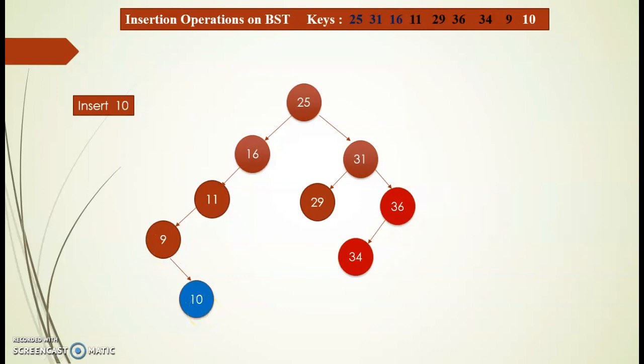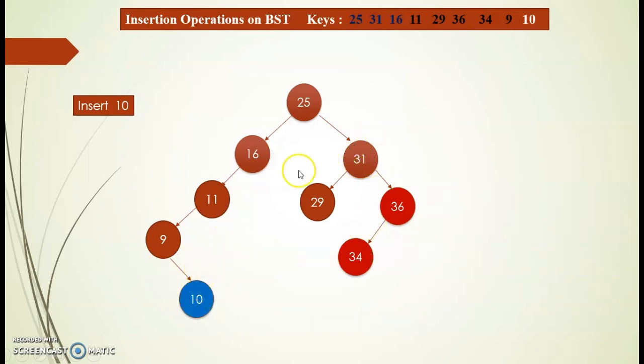Now after inserting 10, you can look at the property at each and every level of the binary search tree that you have constructed. What is the property at every level? If I assume this is the part of the tree that you have, the root node is 9. There are no left values, but anything falling to the right of this should be greater than this. So 10 is definitely greater than this.